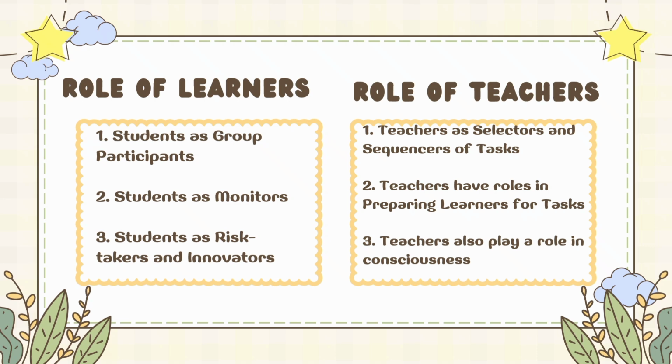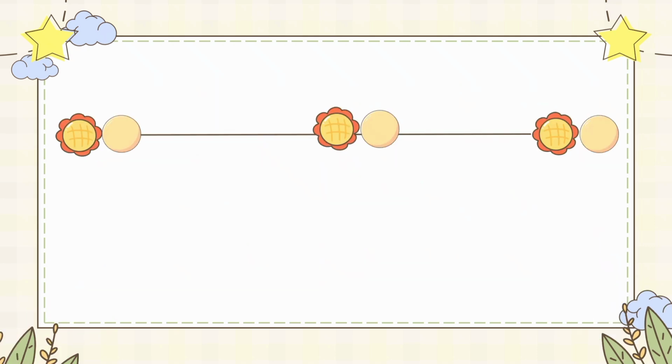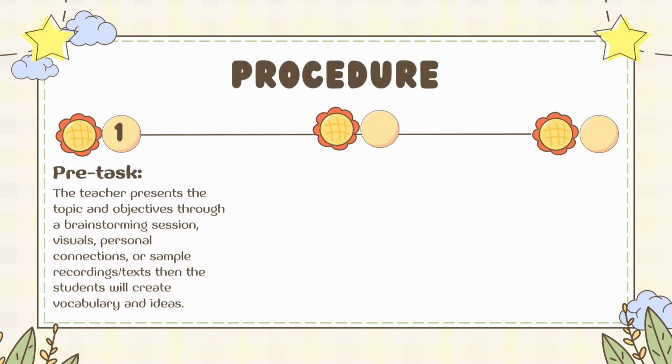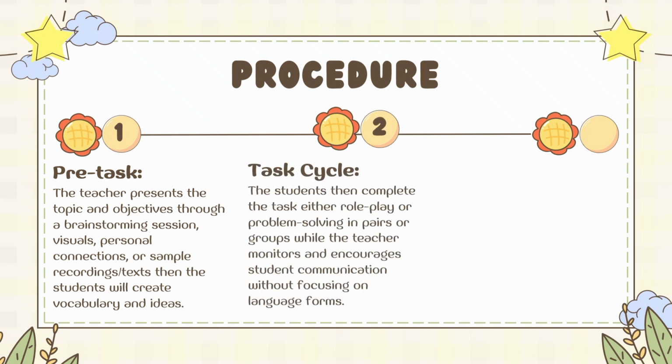Talking about TBLT, it has three main procedures. First is the pre-task. In this stage, the teacher introduces the topic and students brainstorm vocabulary and ideas. Next is the task cycle. Students complete tasks such as role plays or problem solving in groups while the teacher monitors the students.